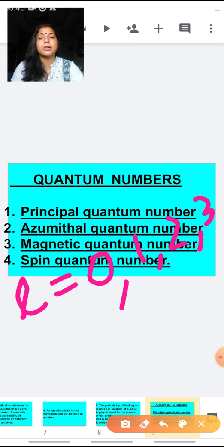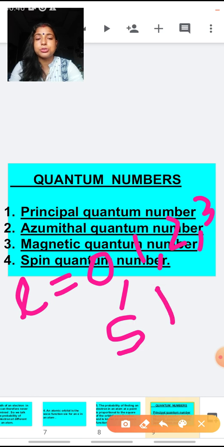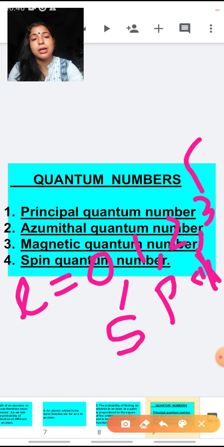I will explain the meaning later on. 0 corresponds to s, 1 corresponds to p, 2 corresponds to small d, and 3 corresponds to small f. It is this s, p, d and f concept that is actually telling you about the orbital angular momentum.